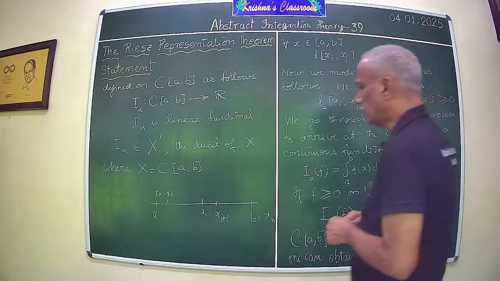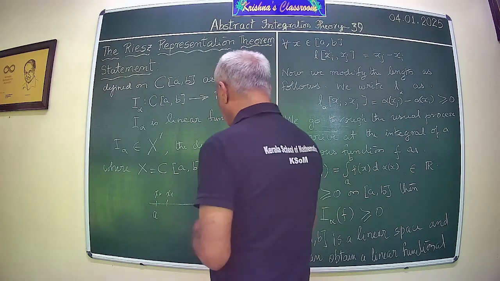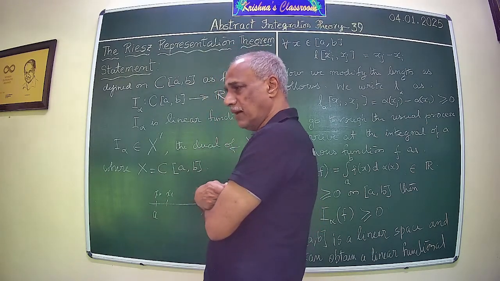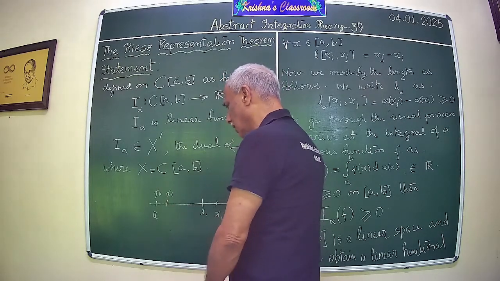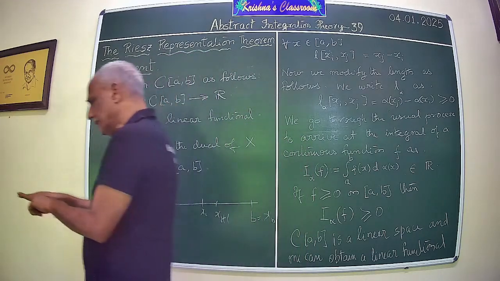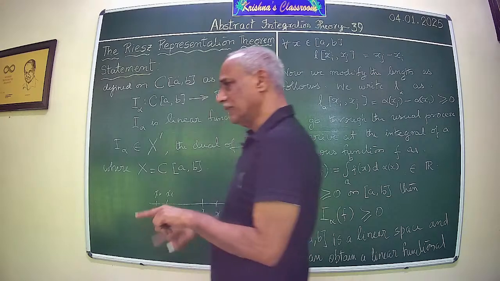Now you see that the length of each of these intervals involves alpha. So if you have in some region alpha a constant, then what happens?